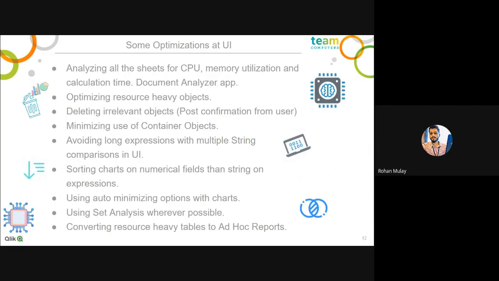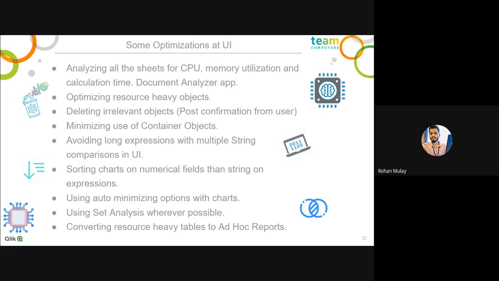Now we will see some of the optimizations that we can do at the UI level in QlikView, or even in other tools as well. If we follow this, it would be an optimized approach itself. Whenever you are creating a UI, or if the UI is already created, first we'll try to understand the CPU utilization, the memory utilization, and the calculation time of each object.